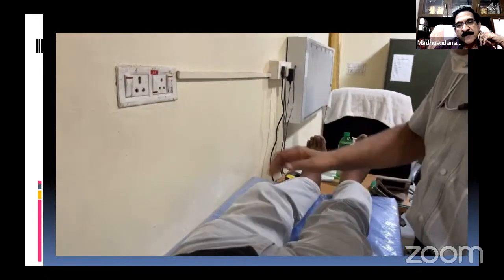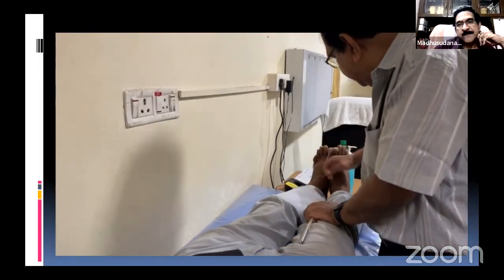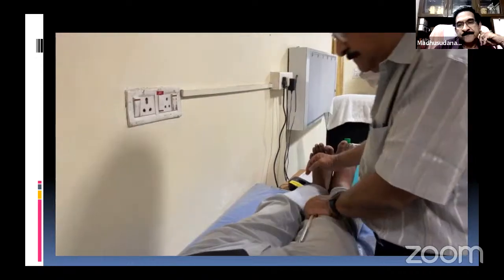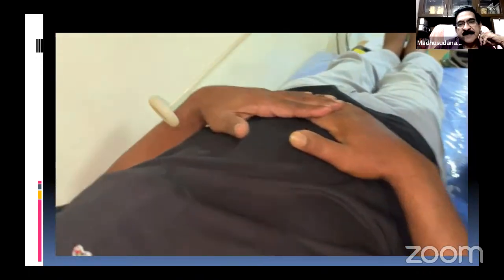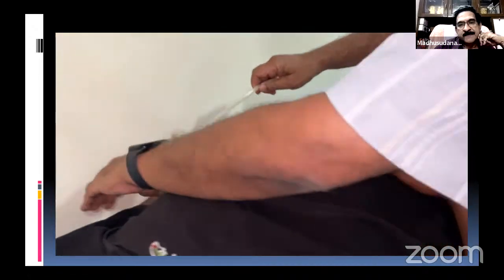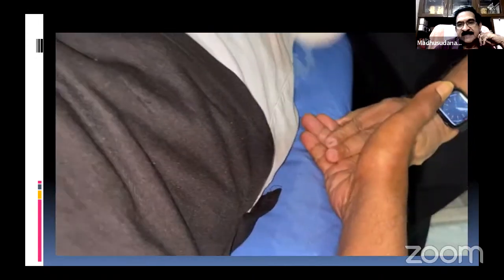Lower limb power was normal. The reflexes were brisk, normally elicited in the upper limb. Triceps appears slightly brisk on the right side.